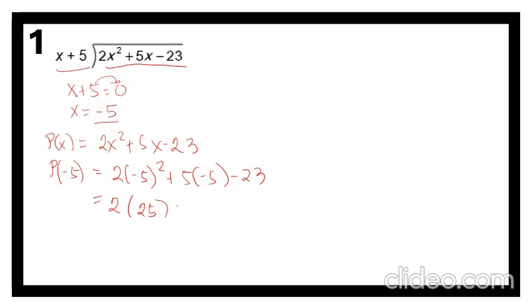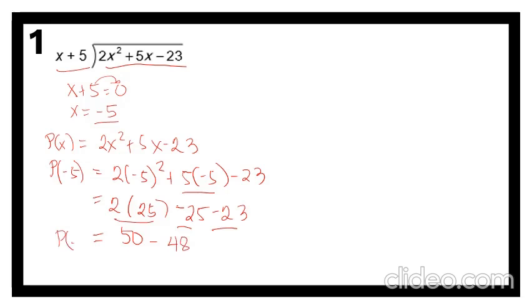Then, 5 times negative 5, the answer is negative 25, minus 23. 2 times 25, the answer is 50. Then, add negative 25 and negative 23 kasi pareho naman silang negative. So, that will become negative 48.